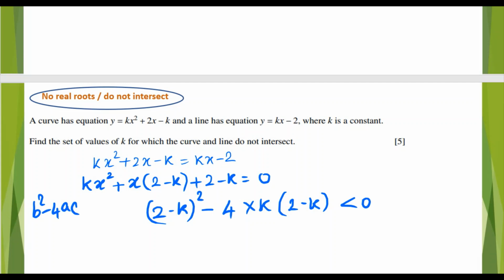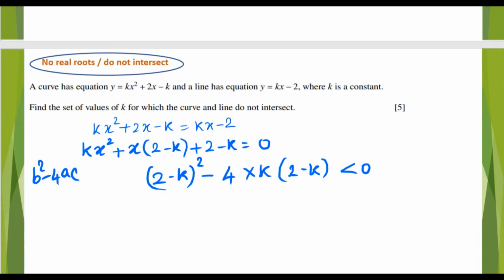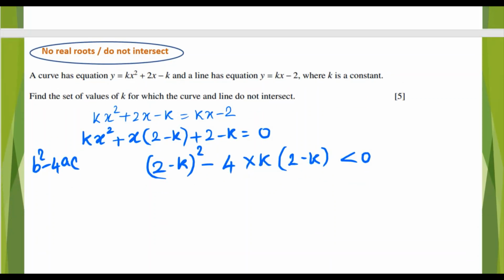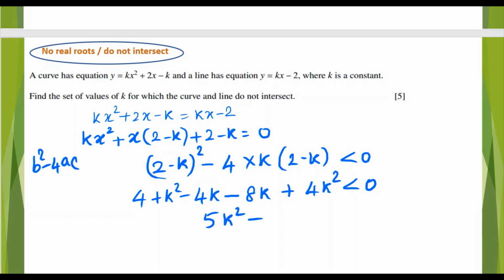Okay, this is less than 0. 4 plus k squared minus 4k minus 8k plus 4k squared. Now simplify this one, you will get 5k squared minus 12k plus 4. This is less than 0.